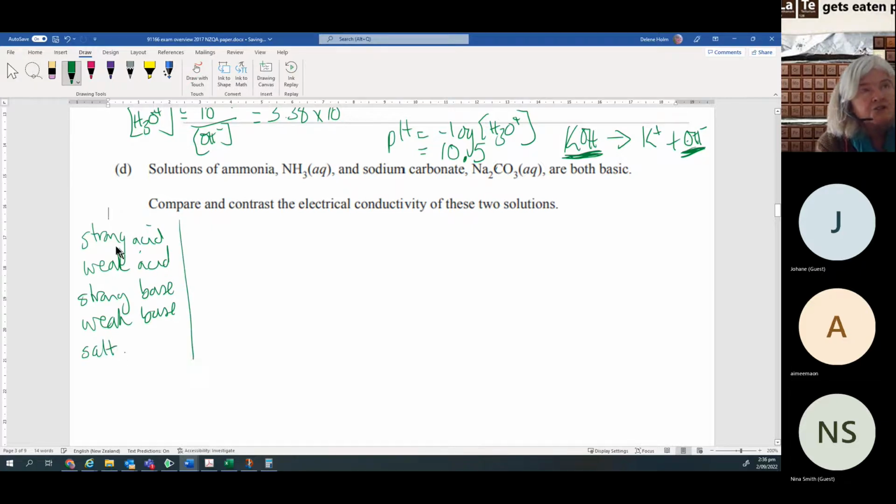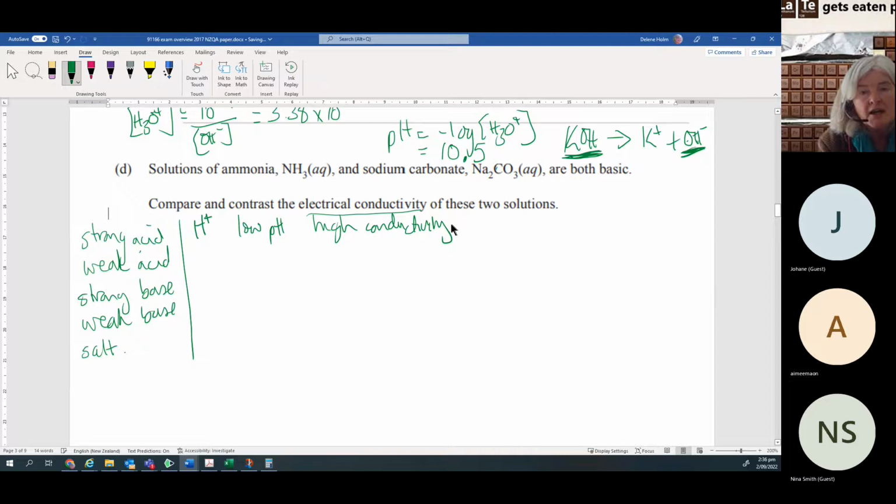Now, strong acid will always have lots of H+, and so it'll always have a low pH, and it'll always have a high conductivity, because, and this is what you've always got to write about when you talk about conductivity, what is electrical conductivity?